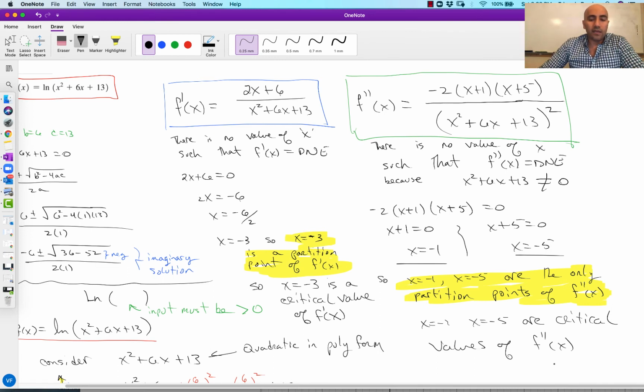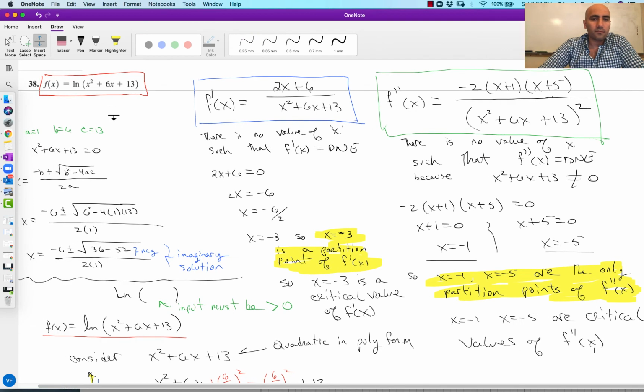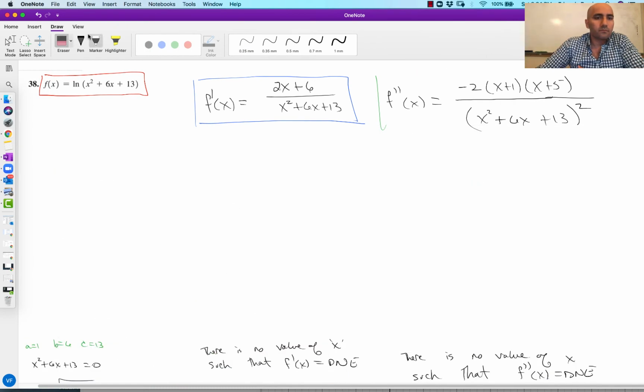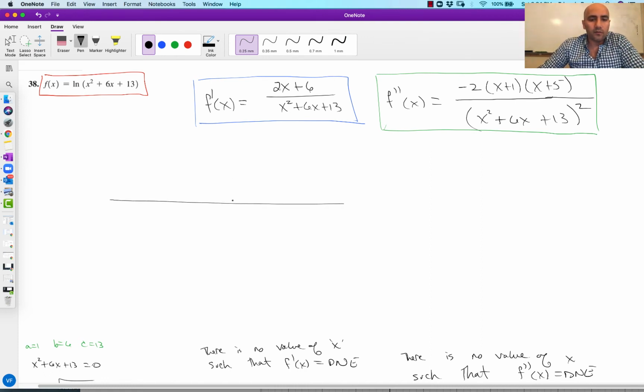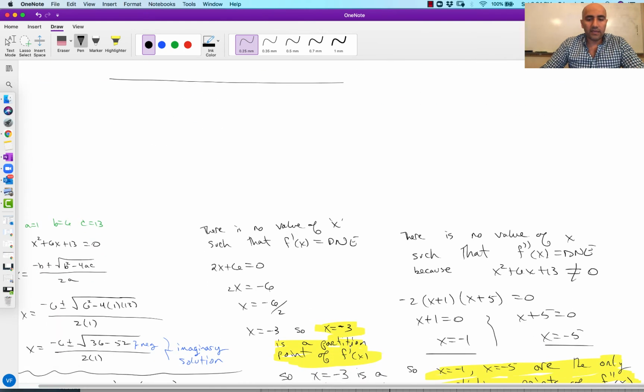Okay, so now it's time to come up with some sign tables. Let's organize this. Let's come up with a sign chart for the first derivative. And we saw that its critical point was at negative 3.